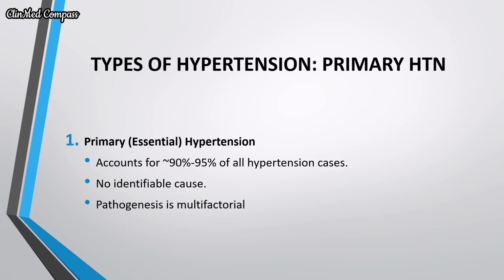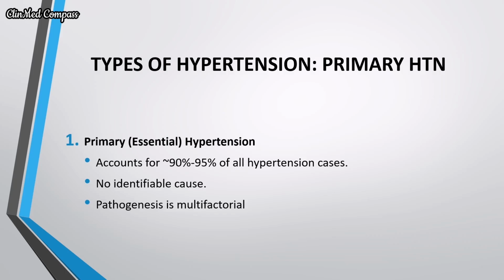There is no single identifiable cause. The condition develops gradually over time, and the pathogenesis is multifactorial, involving genetic, environmental, and lifestyle factors. Because it has no specific cause, management focuses on controlling blood pressure and reducing long-term complications.